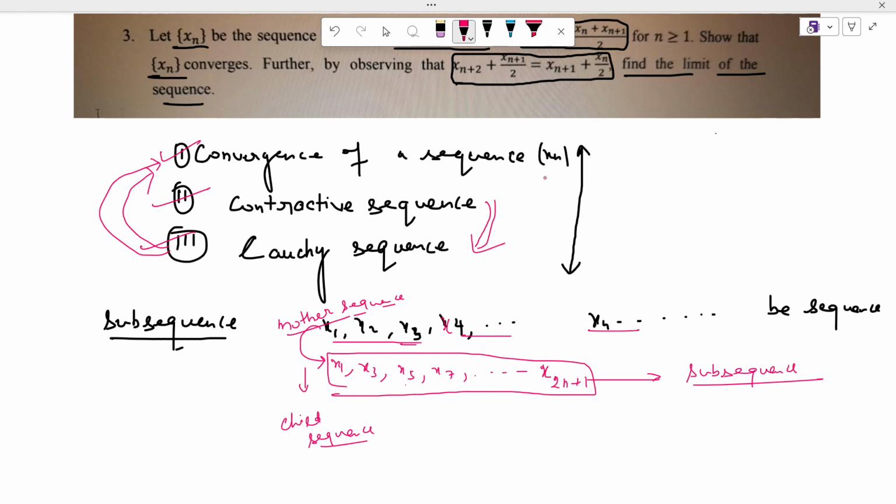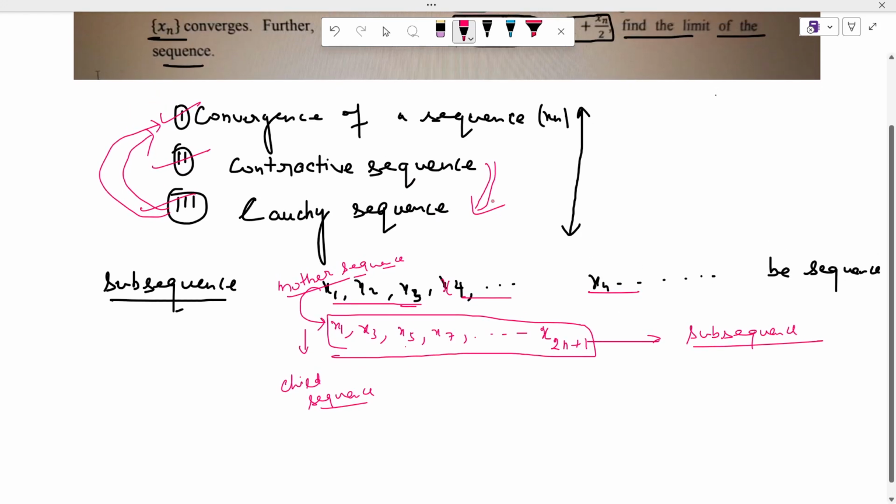Means a convergent sequence need not be Cauchy, and a Cauchy sequence need not be contractive. If you don't know about these, let me know in the comment section, and I will make a lecture about the convergence of sequences and Cauchy sequences.